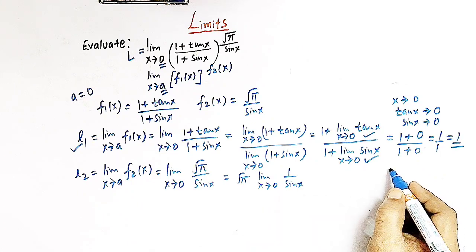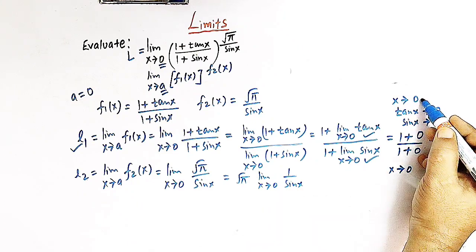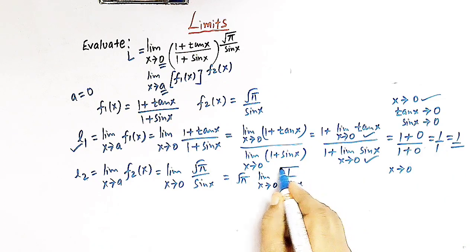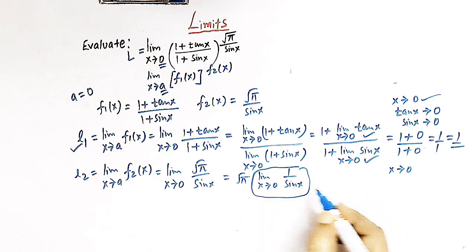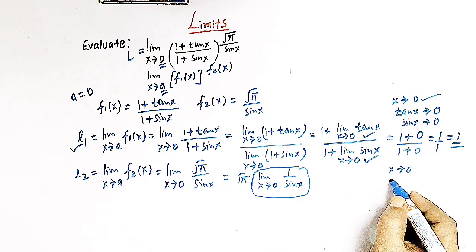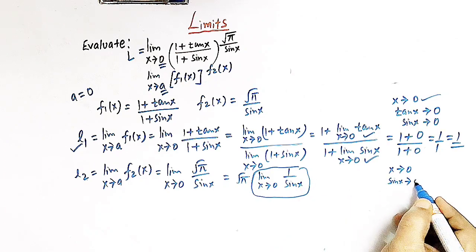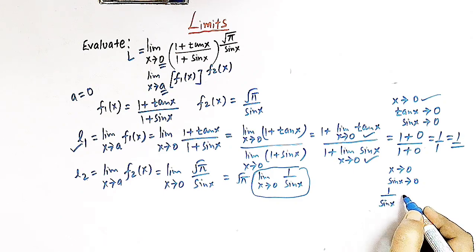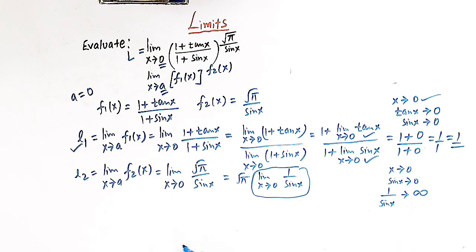Now see, when x tends to 0, then sin x tends to 0, right? So this limit tends to infinity, that is, when x tends to 0, sin x tends to 0. So 1 over sin x tends to infinity or is not defined, right?